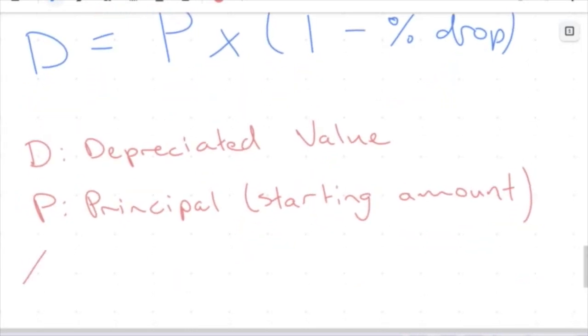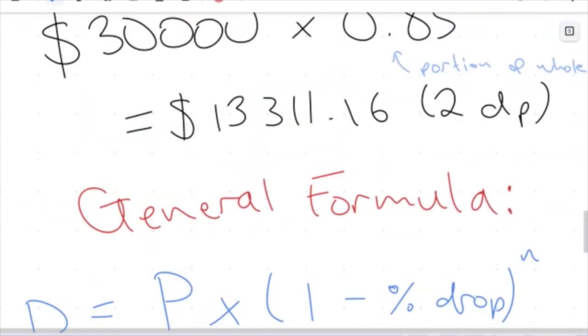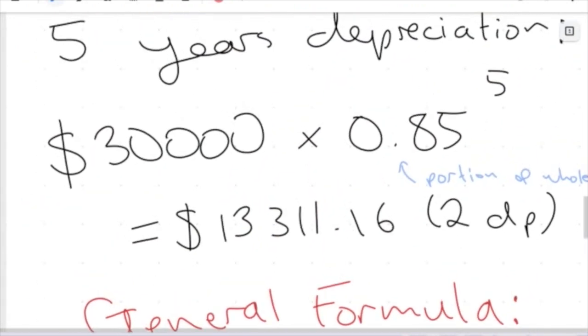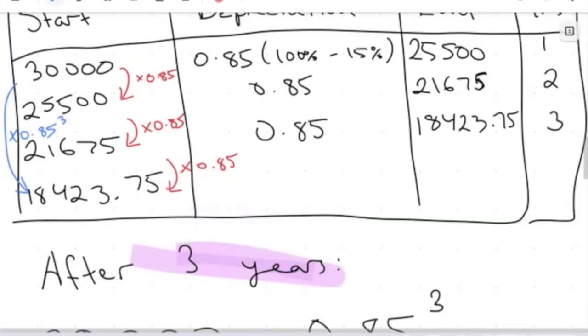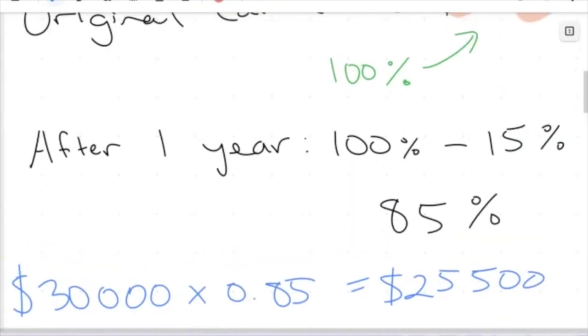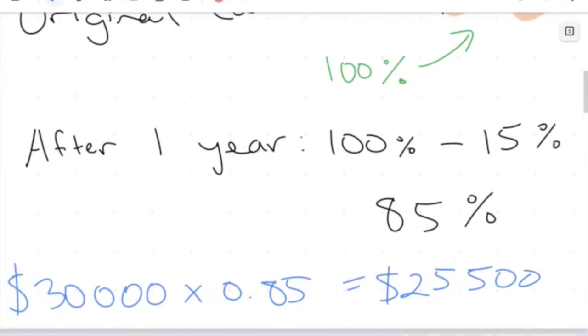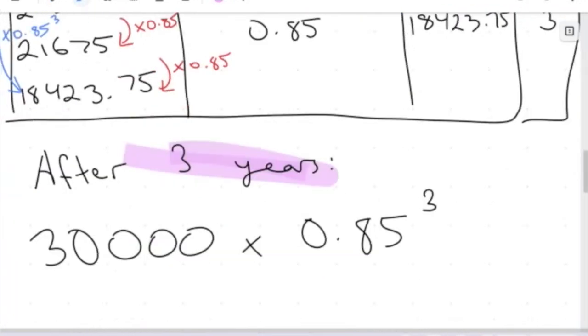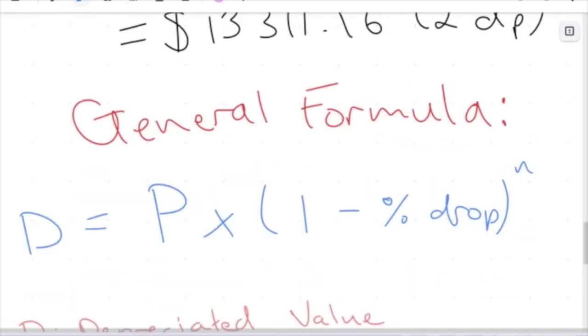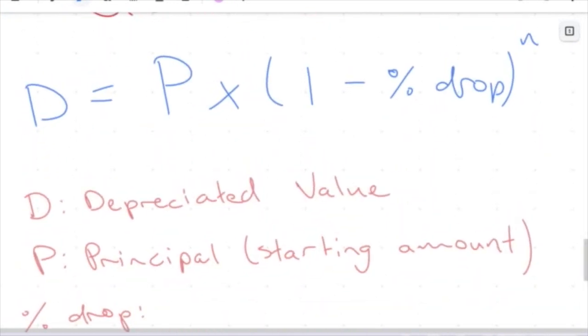And the percentage drop, well, in my case here, that was just 15%. So we said that this had a depreciation value of 15%. And I'm just going to call that, instead of percentage drop, R, in a similar way to what we did with compound interest.